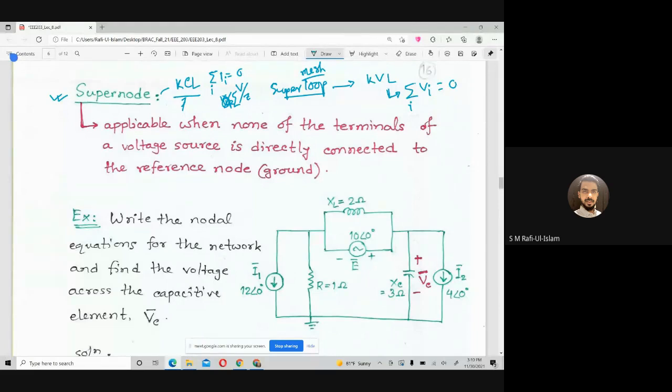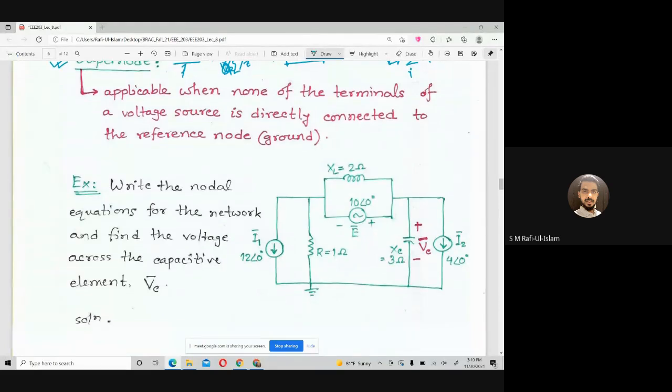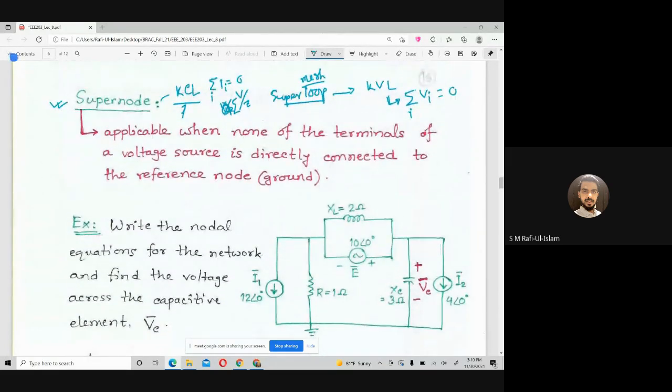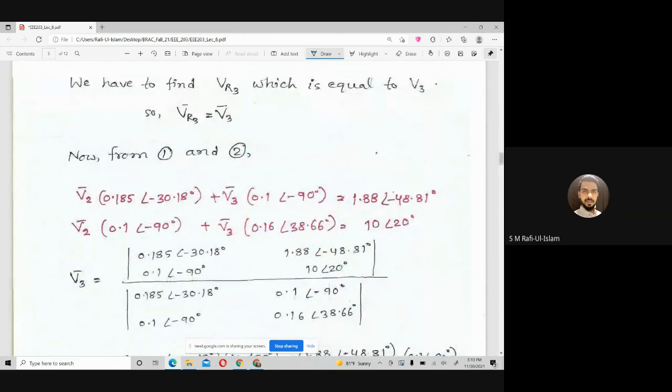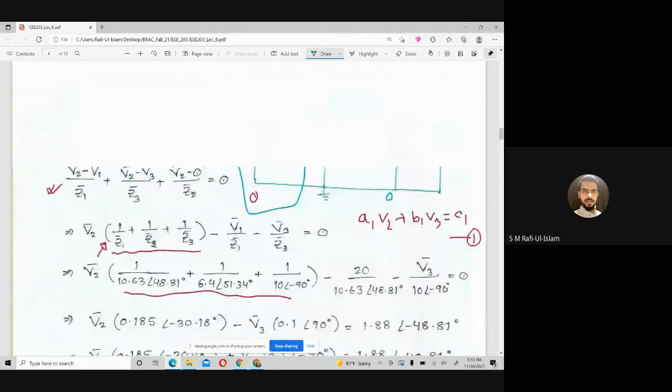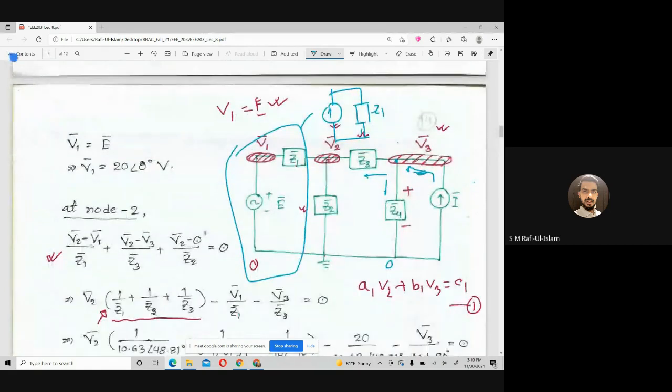Maybe that statement is a bit messy and complicated to understand. In simple words, if we have a voltage source connected between two nodes, then we must consider those two nodes as a super node if we want to apply node analysis or KCL. Like we had solved two math problems where we had a voltage source.